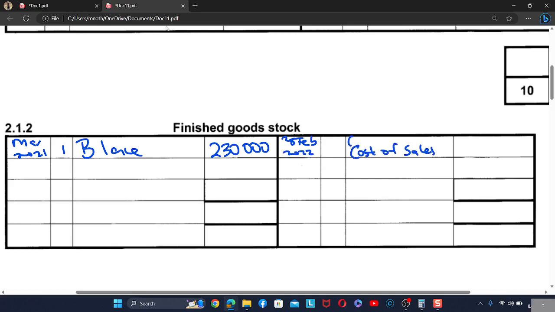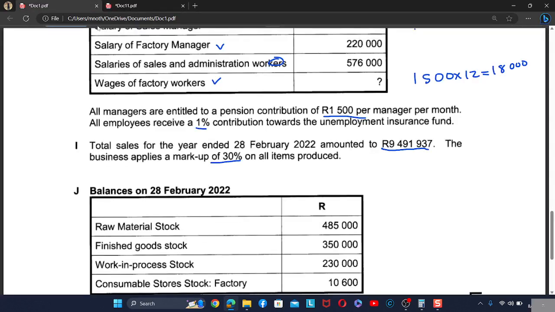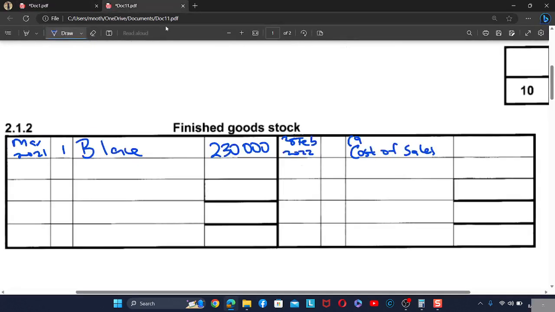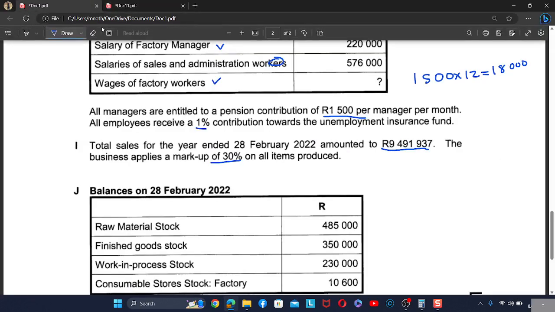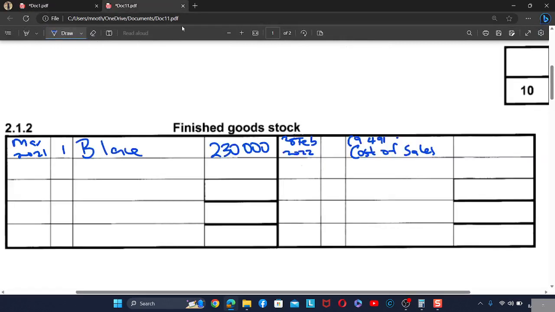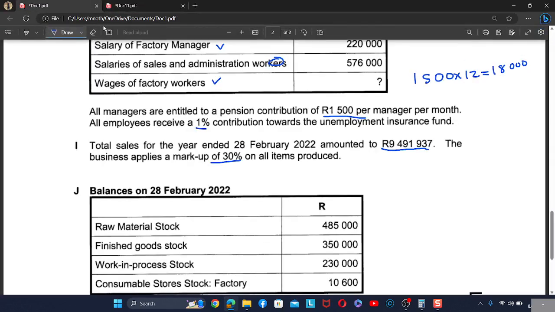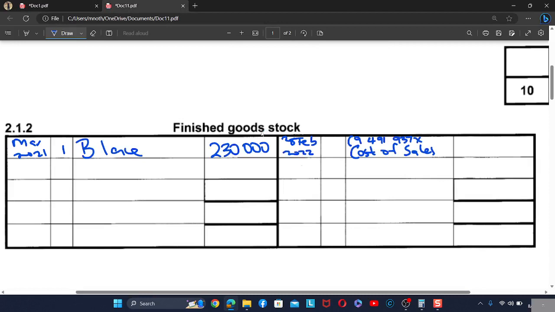So we're going to say 9,491,937 multiplied by... So they said that the markup is 30%. We know that cost price plus markup, the cost price is always 100. So cost price plus markup is equal to selling price. Right now what we have is the sales, so the sales are the selling price.